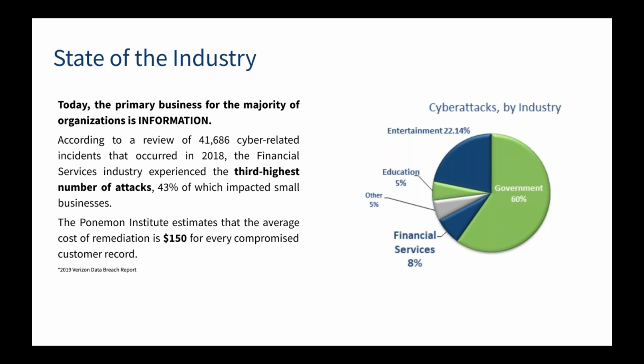And while on the surface that doesn't seem like a whole lot of money, the reality is that there's a compounding effect here. And just think about the vast number of consumer records that you have within your own organizations. The numbers can get pretty staggering.